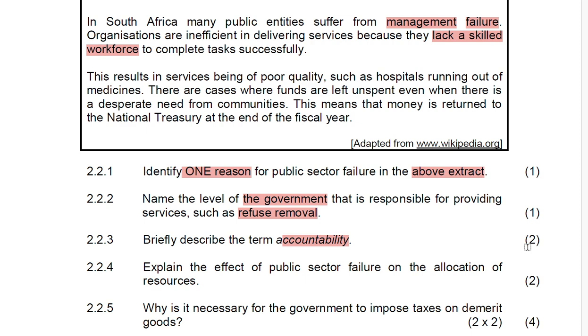Accountability is the duty of an individual or organization to explain their decisions, actions, expenditure, and accept responsibility for their behavior. So, what does that mean? It means that you have sat down and realized that you've done something wrong.